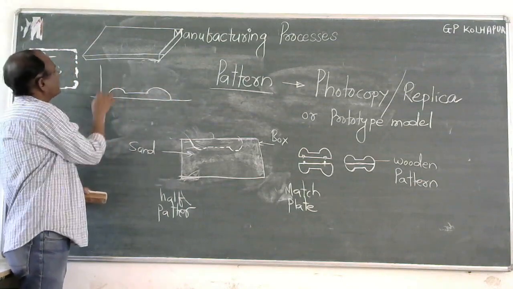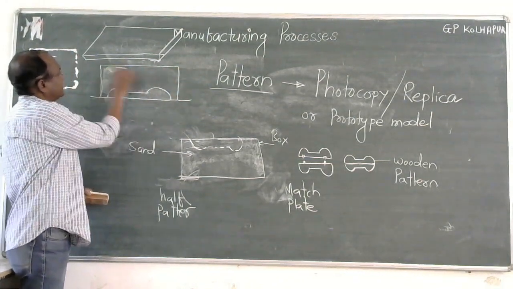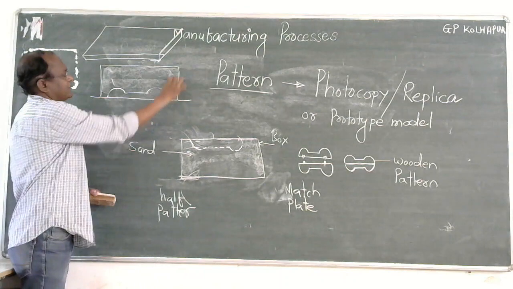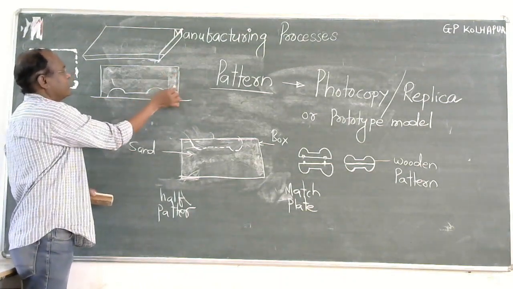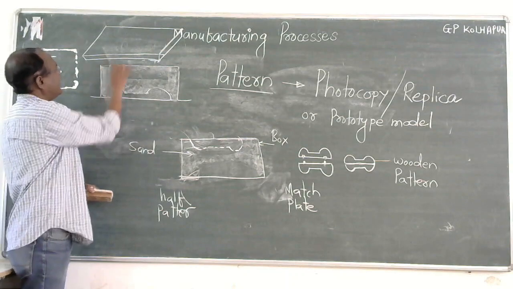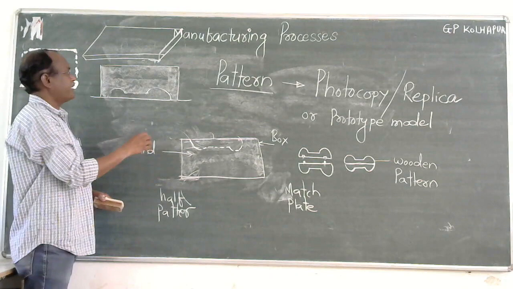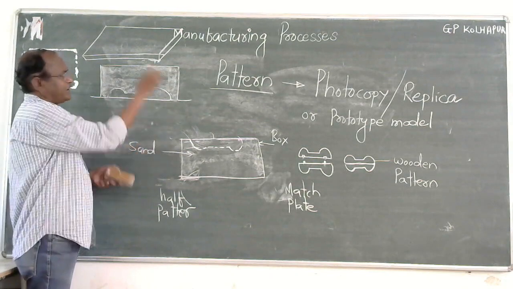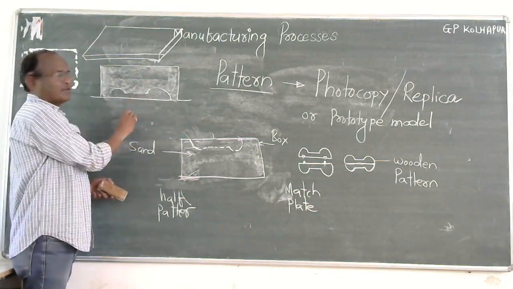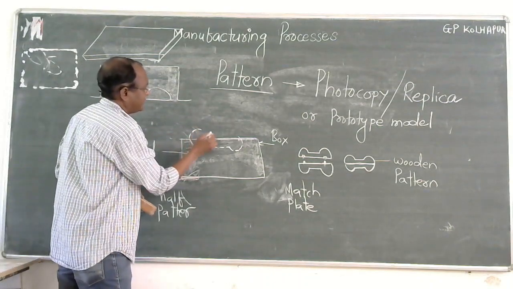Again put the box, pour the sand, it will take all the spaces around the pattern, press that sand, that is called ramming. Again tilt it, remove this, and you will have another cavity here.